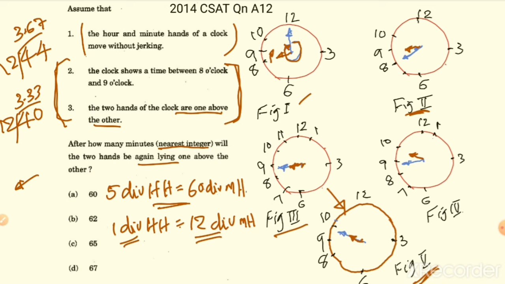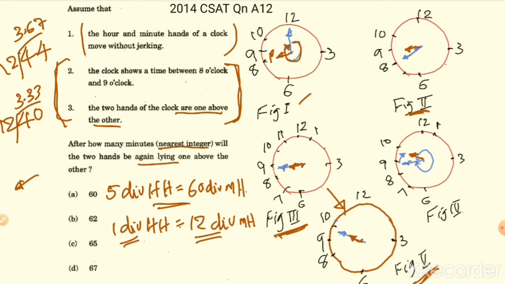So that is what is shown in the figure 3. Then from here the minute hand moves by 60 minutes and reaches again at the 44th minute. By the time the hour hand moves by 5 divisions, so it is 9:44.